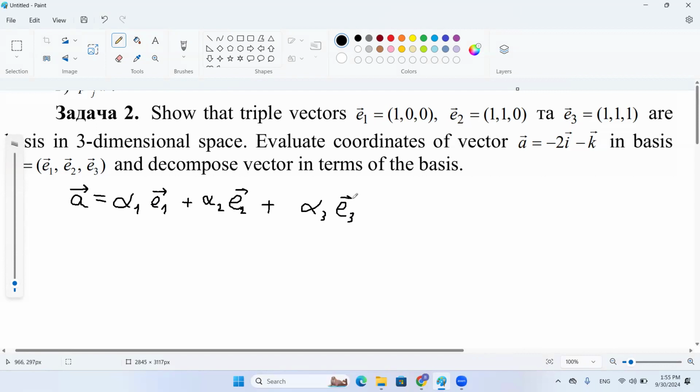So now, do you remember what we have to find here? So let's expand it. So alpha 1, okay. Mykola, go on.